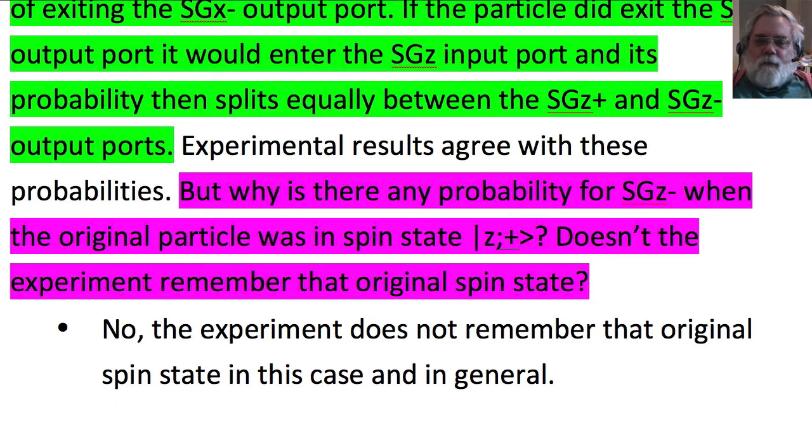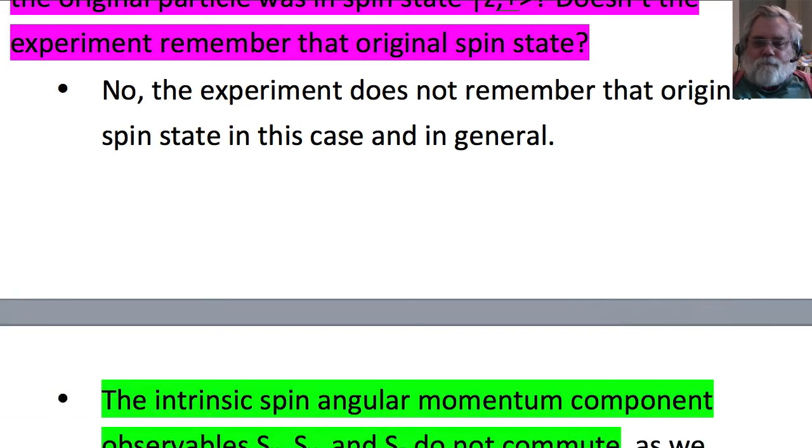Why is there any probability for SGZ minus when the original particle was in spin state Z plus? Doesn't the experiment remember that original spin state? No. The experiment does not remember the original spin state in this case and in general.